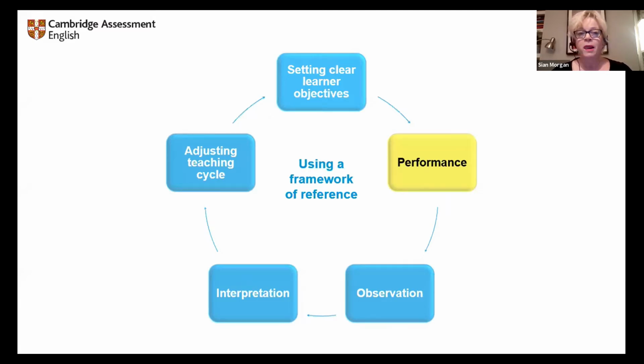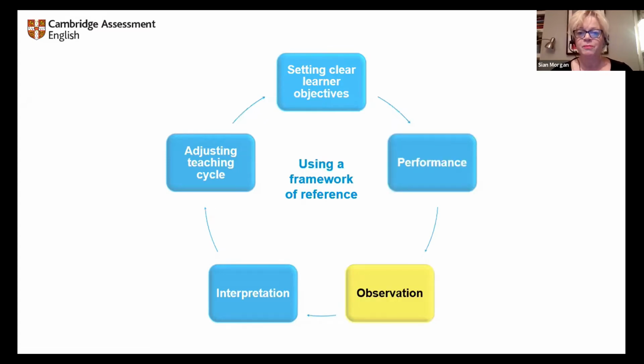For example, because that C1 descriptor includes unfamiliar topics, we can introduce a degree of unexpectedness or unfamiliarity into the task. So the teacher might ask students to draw a topic out of a hat and share their opinions on this subject for an agreed period of time. So something that they couldn't prepare for, an unexpected topic, so that increases the difficulty.